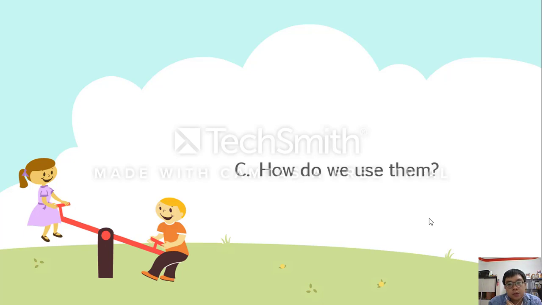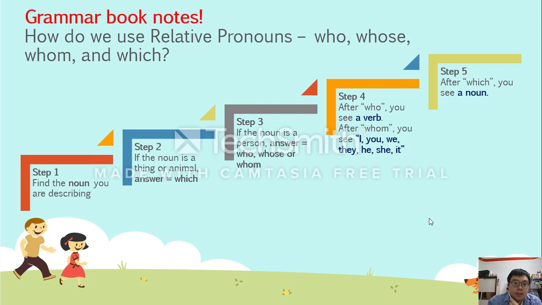So now we are going to look at these four words and see how we can use them. This one you have to copy in your books. How do we use relative pronouns who, whose, whom, and which? There are 5 steps. 1. Find the noun you are describing. 2. If the noun is a thing or animal, the answer must be which. 3.